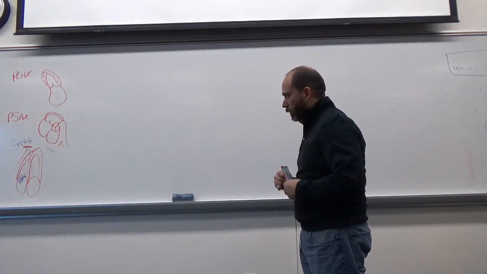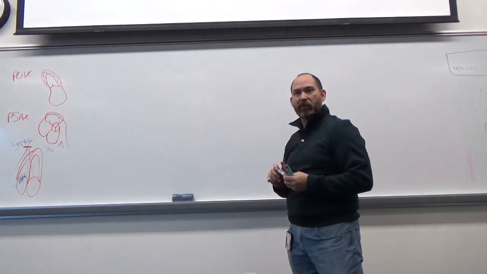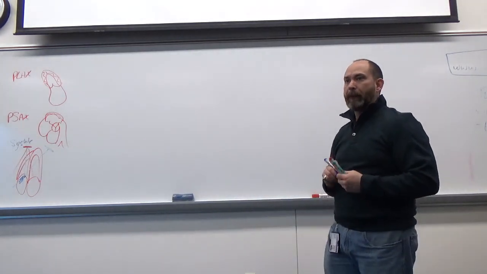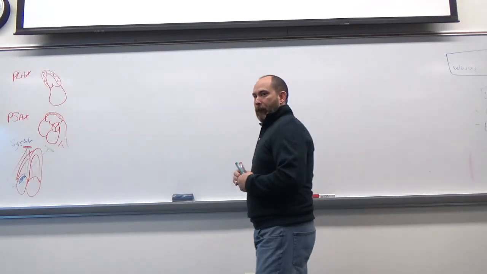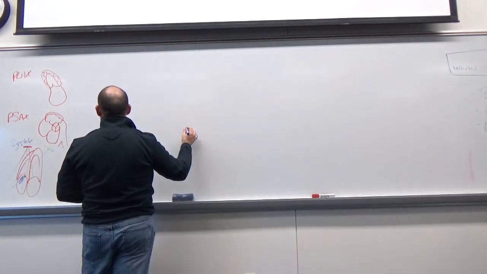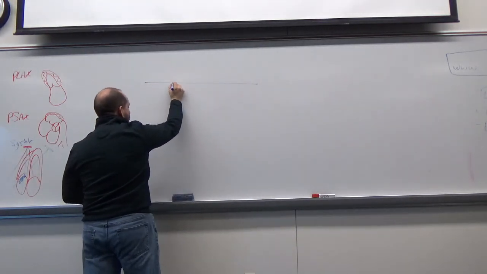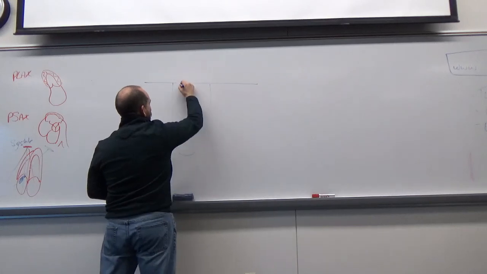So with the spectral tracing, what direction does this go? Above or below baseline, the flow? Are we looking at just the little jet? Yep. Below. So it's going to go below baseline, so my baseline moves up. So the one I was drawing before is tricuspid.